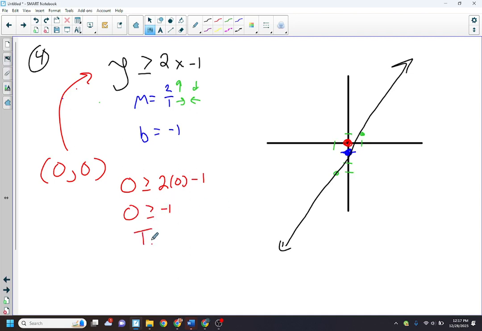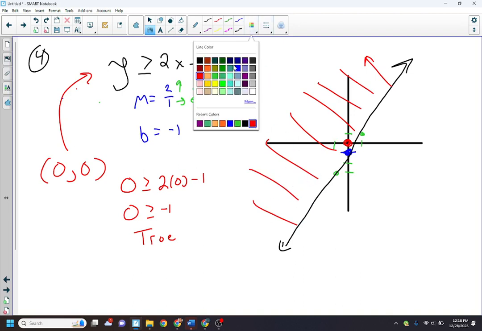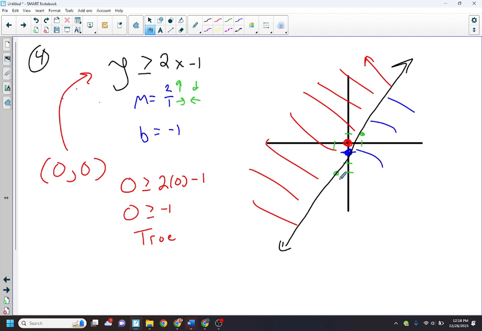That is a true statement. 0 is bigger than negative 1. Since it's a true statement, I shade this way, and I shade up. If it happened to be false, you shade away, okay? In this particular scenario, it was true, so we shade up.